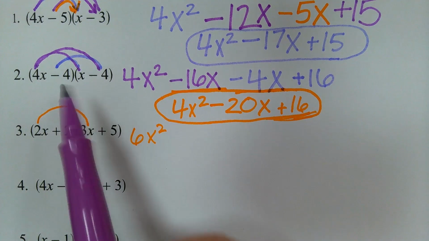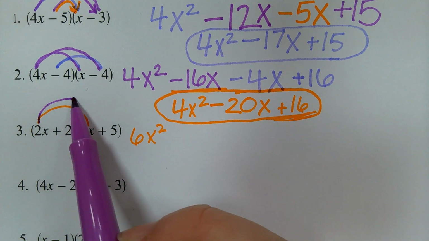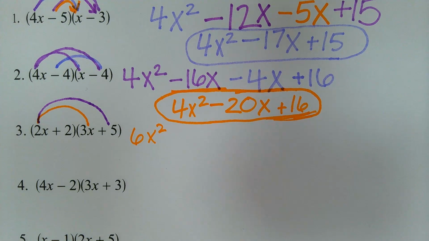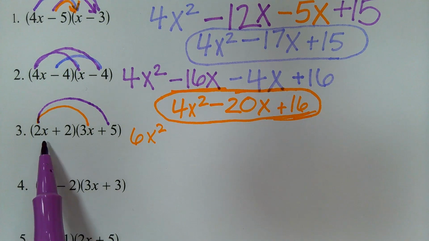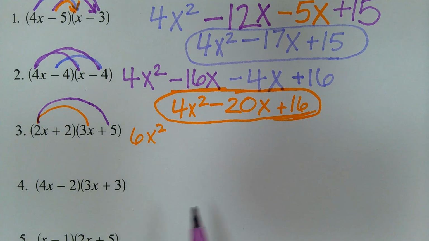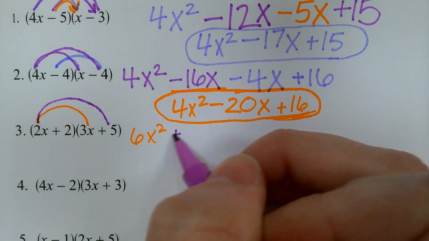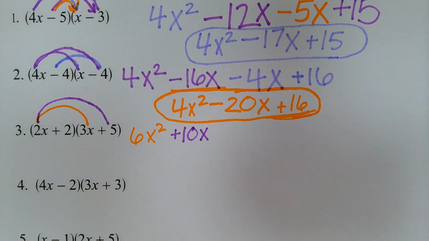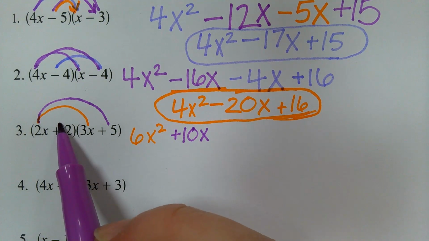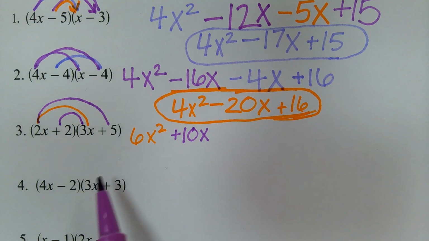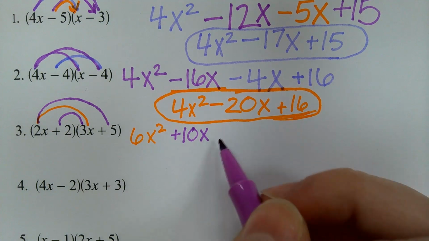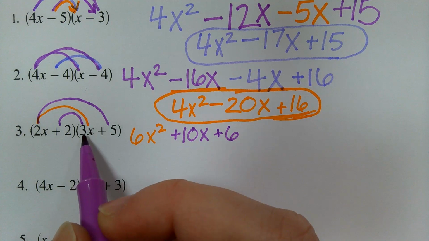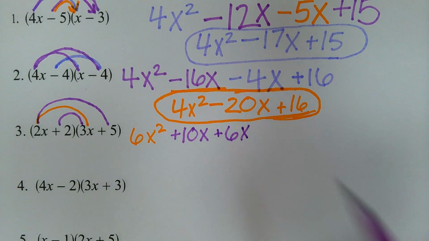And then you would do your outside. Yep, now we're going to do the outer term. 2x times 5, you are correct, 10x plus 10x. Now let's do our inner term. Yeah, 6x. So 2 times 3 is 6, but there's an x, so we put that on there.